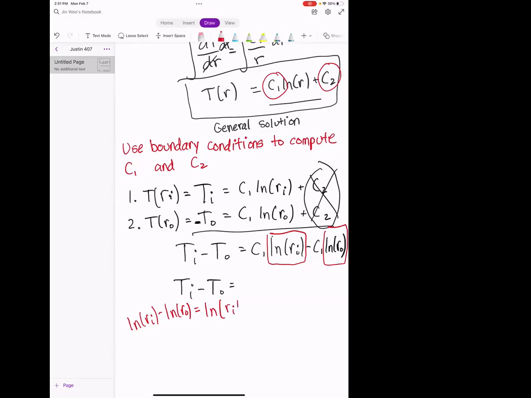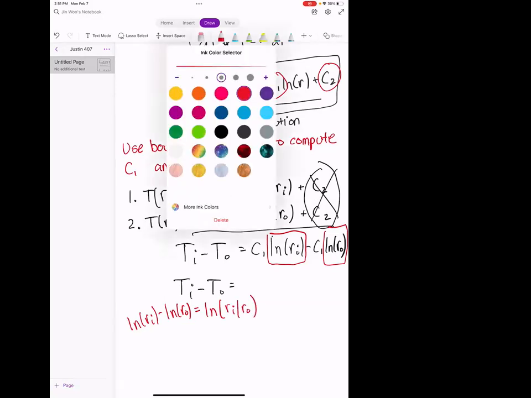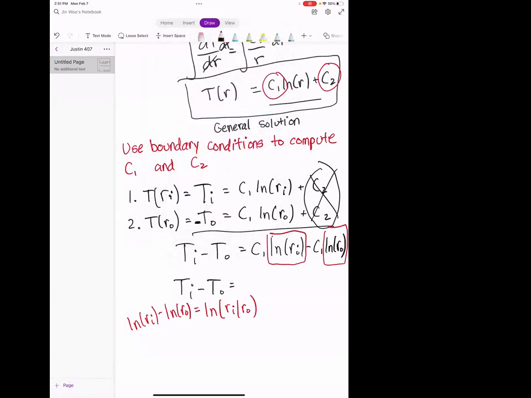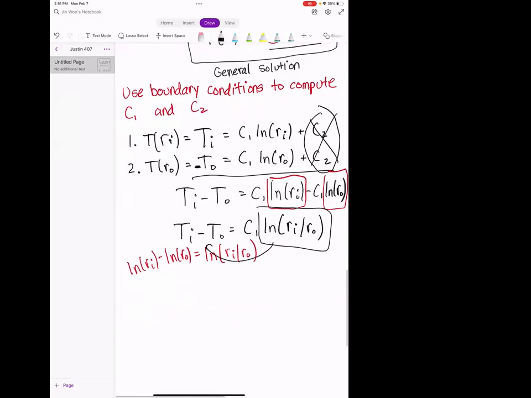So we have ln of Ri divided by Ro. If we apply that rule to our equation, we have C1 ln of Ri divided by Ro. Then we can simply divide this term out to the other side and get our solution for C1.